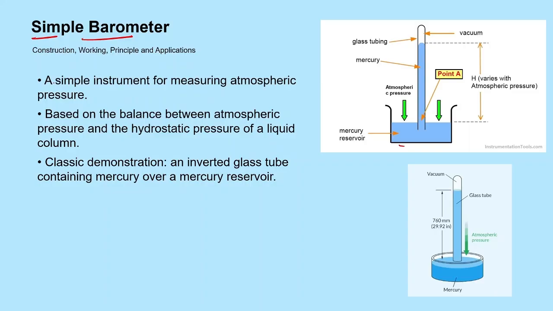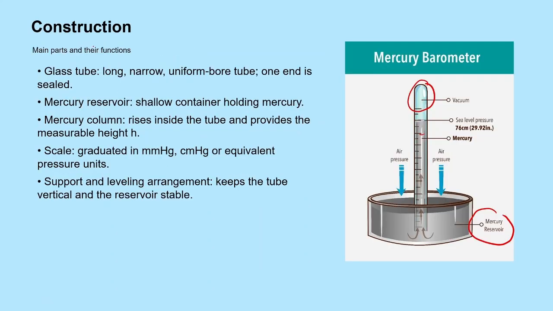So a simple barometer is an instrument that is used for measuring atmospheric pressure based on the balance between atmospheric pressure and hydrostatic pressure. It works on the balance between the atmospheric pressure and the hydrostatic pressure of a liquid column. An inverted glass tube containing mercury over a mercury reservoir.